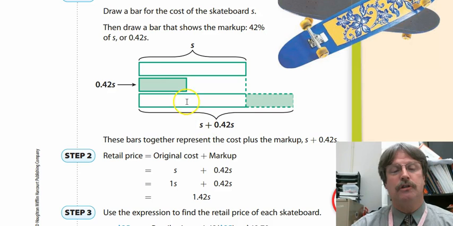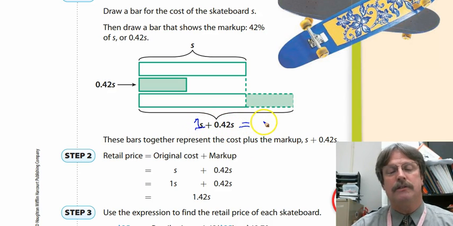They have this shown in decimal form, and remember, the number 1 is really in front of the S. So 1S plus 0.42S. If you remember your basic addition, these are like terms, the S's, so you can add those two together. So 1 plus 0.42 becomes 1.42, and we put the S at the end of it.